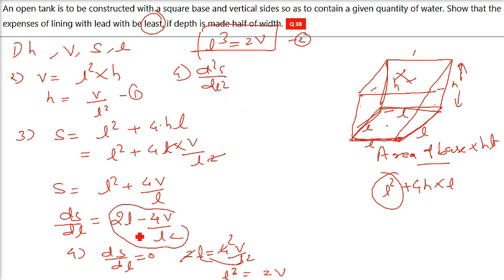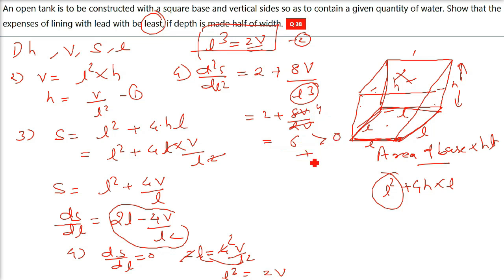That is the whole idea of this chapter, maxima and minima. So d2S by dL square, differentiating this equation, is 2 plus 8v by L cube. Now in place of L cube, just put 2v from equation number 2. So this is 8v by 2v, this is 4. So you will get 6. It is positive. Positive means least, minimum.